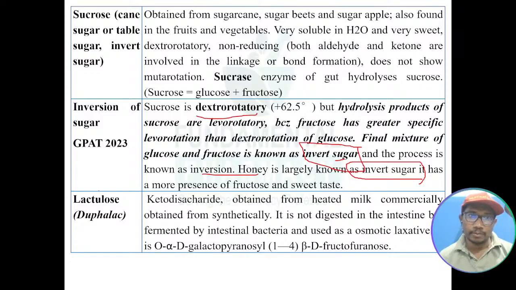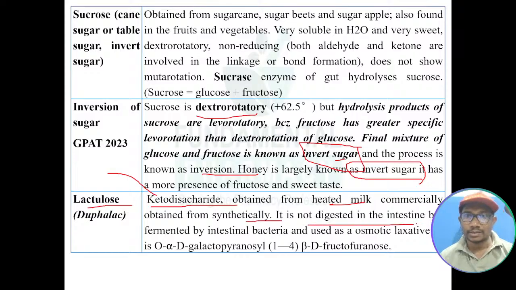It is more because it has a higher presence of fructose. Now what is lactulose? Lactulose is a keto disaccharide obtained by heating milk. When milk is heated, lactulose is formed. Commercially nowadays it is synthesized synthetically.